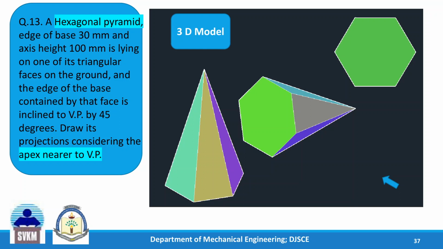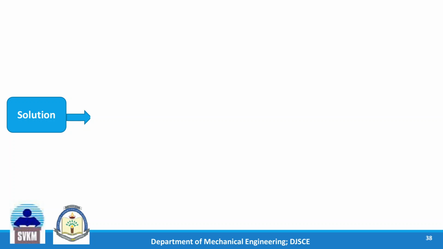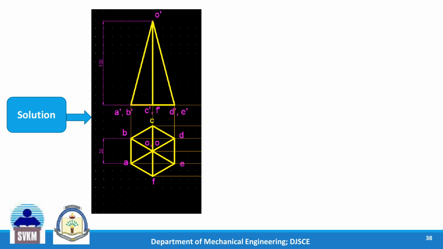So step by step we will proceed to solve the sum. First two steps we have solved in the previous two sessions. The third step we will see, the construction and drawing of the third step here. So just see the first two steps solution. So this is the first step. We are keeping the pyramid on HP, that is axis is perpendicular to HP.